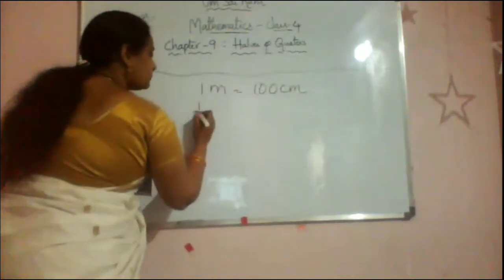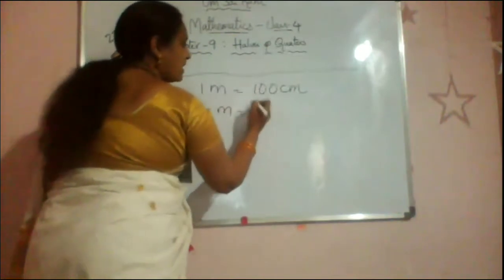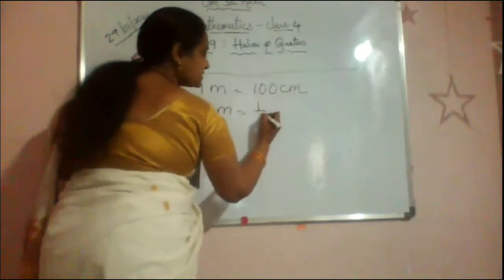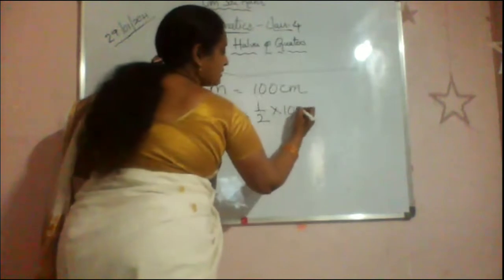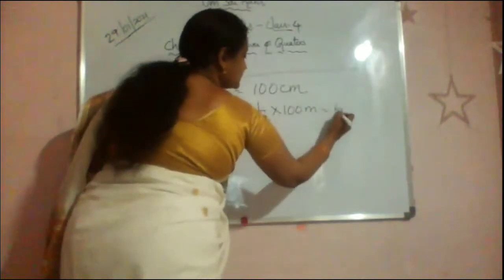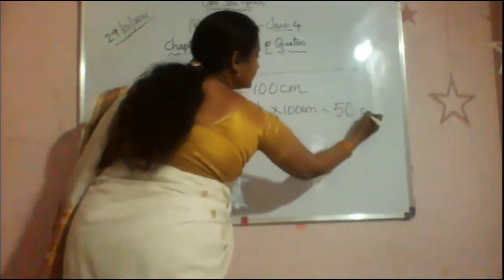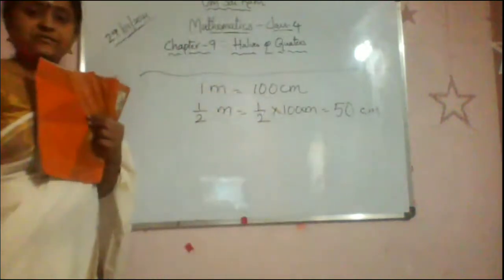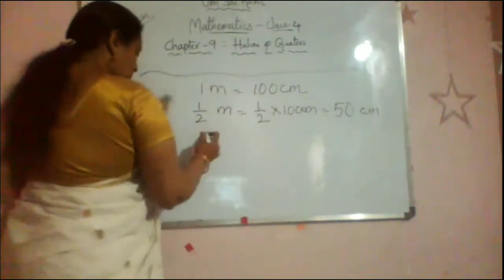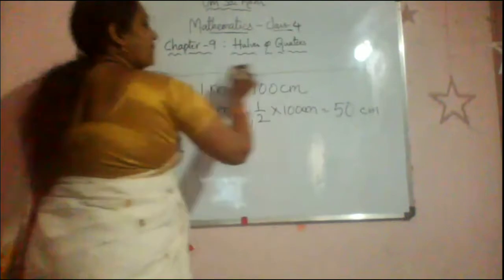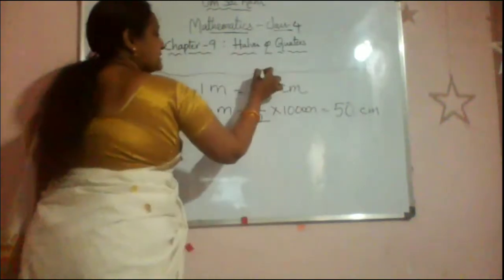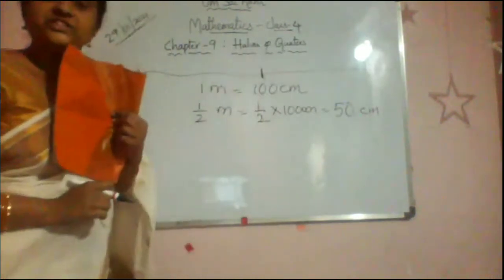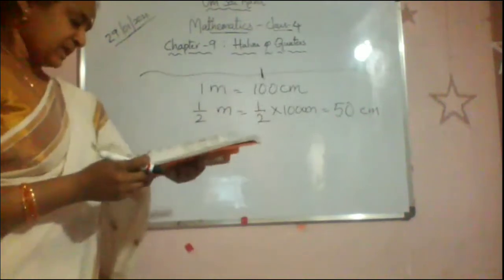Half meter means what? Half of this. Half of 100 means 50 centimeters. Very good. It is 50 centimeters. Now you have to mark 50 centimeters somewhere. Like this, one mark you have to do on the string. Okay? Next.